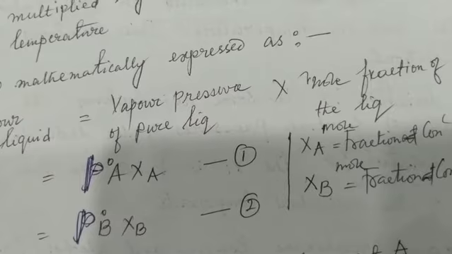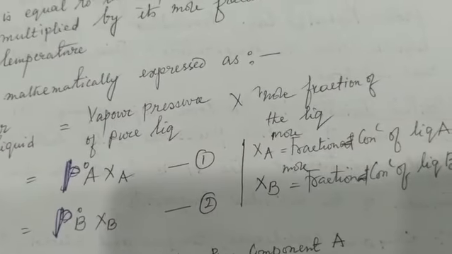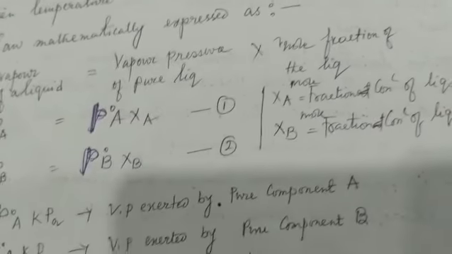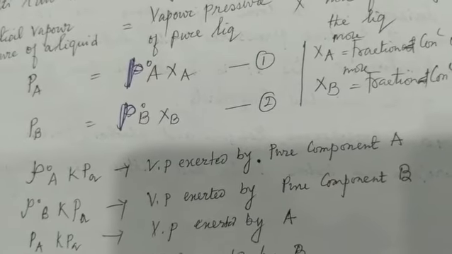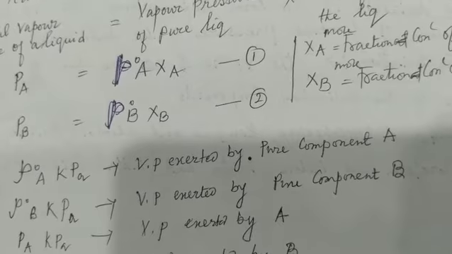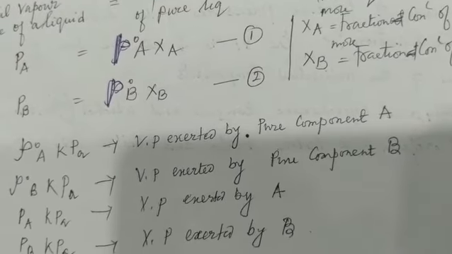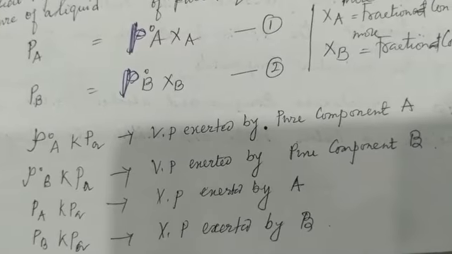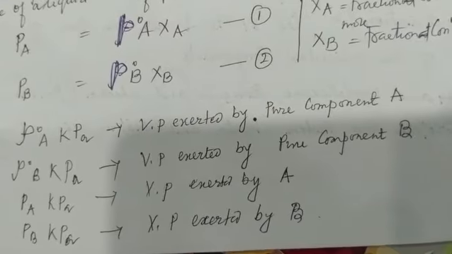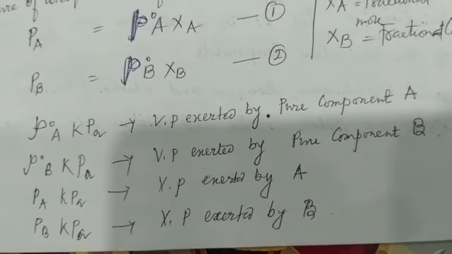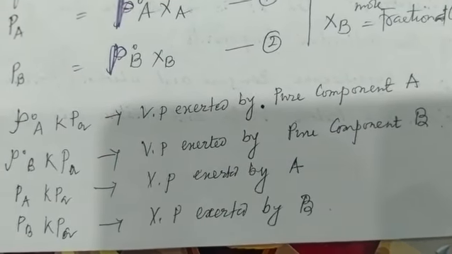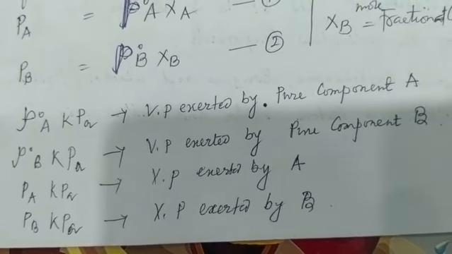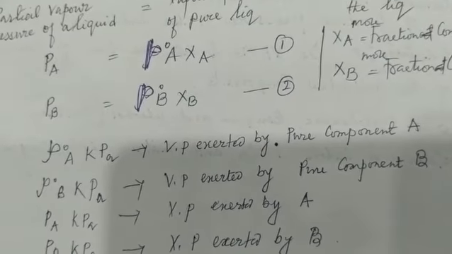XA is the mole fraction of liquid A, that is fractional concentration, and XB is the fractional concentration of liquid B. So here P0A in kPa is the vapor pressure exerted by pure component A, and P0B in kPa, that is kilopascal, is the vapor pressure exerted by pure component B. Okay.